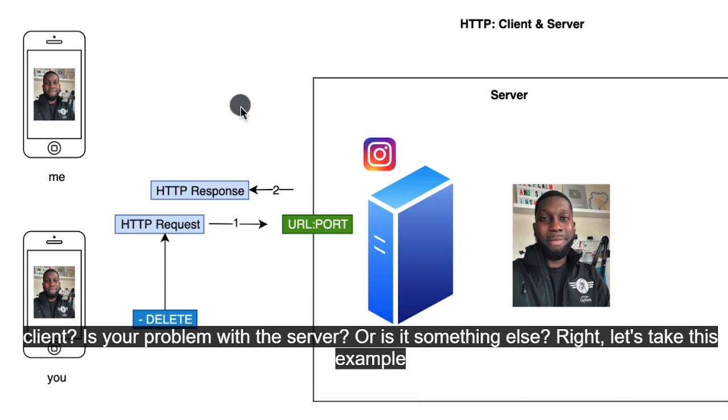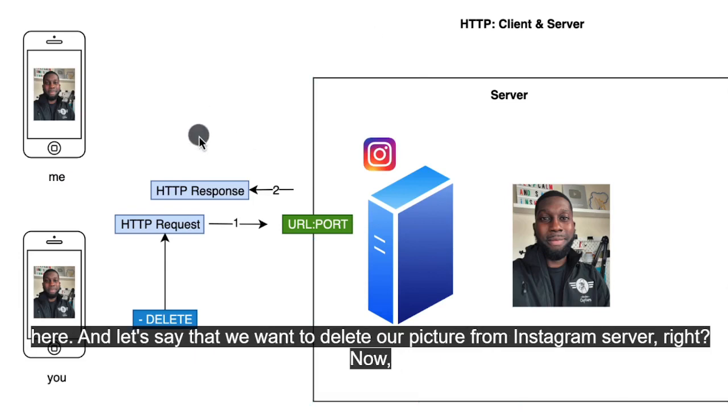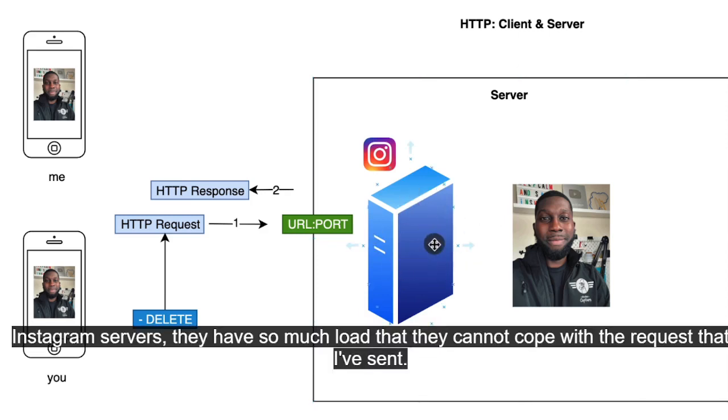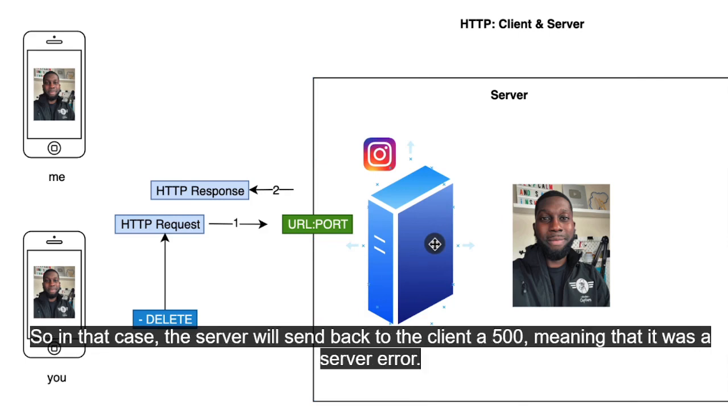Right, let's take this example here. Let's say that we want to delete our picture from the Instagram server. Now, if the application sends a delete request to that server, and let's say that for whatever reason, Instagram servers have so much load that they cannot cope with the request that I've sent.